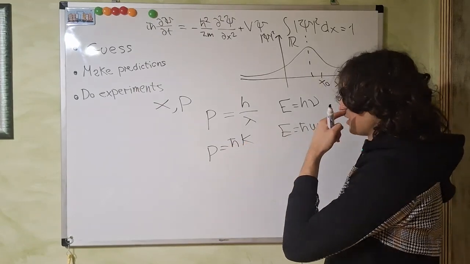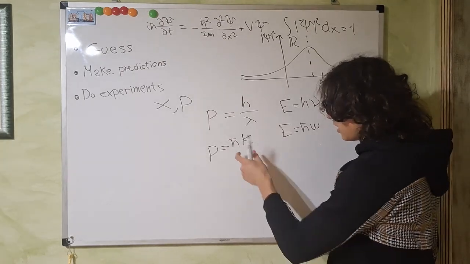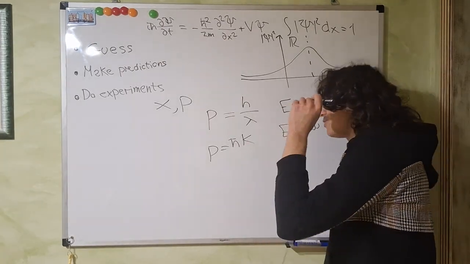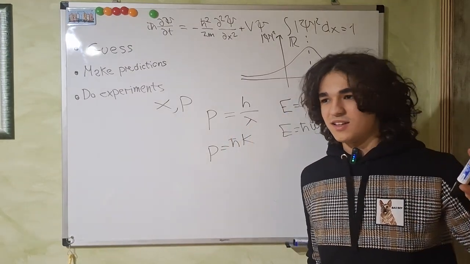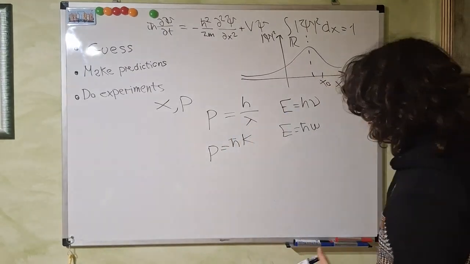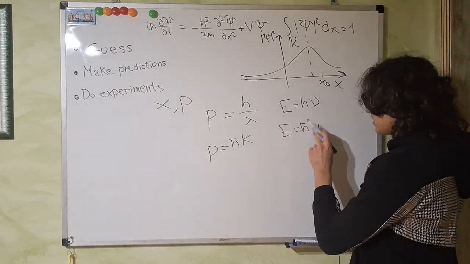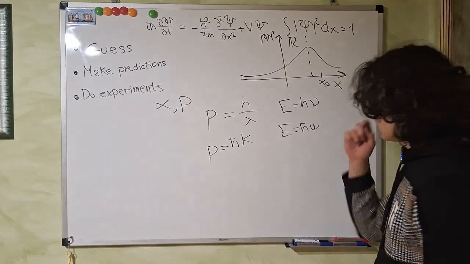Writing h bar is better than h. And k is called the wave number. It's not 1 over the wavelength, it's 2 pi over the wavelength, so a kind of angular wave number. And the same goes for the energy. This is the angular frequency, and this is h divided by 2 pi.